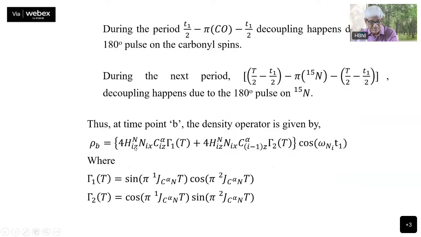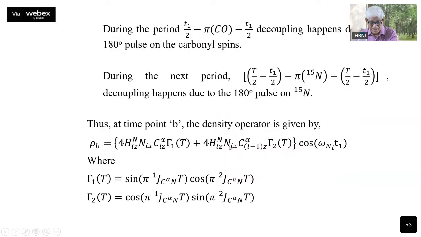The second term is exactly the same as this, except that you have here C alpha of I minus 1, because the transfer took place from the nitrogen of I to both C alpha of I and C alpha of I minus 1, and that shows up here. You see, in either case, you have the nitrogen magnetization, which is antiphase with respect to the two C alphas and also to the amide proton.